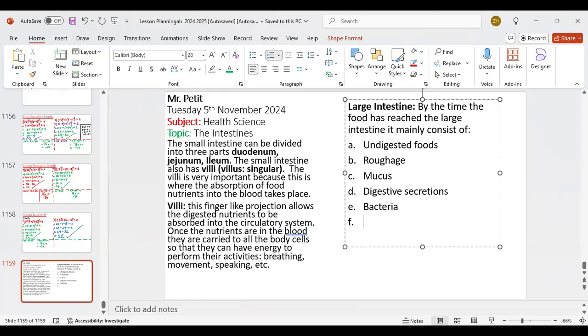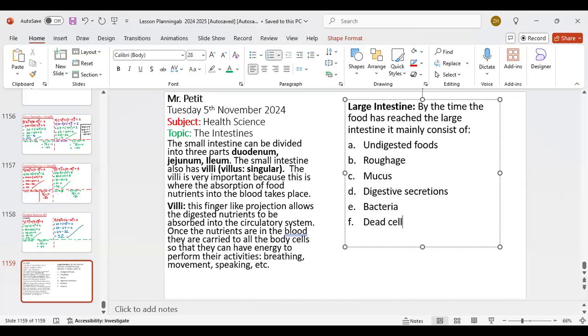By the time the food goes into the large intestine, undigested food, it's like only waste is in the large intestine. That's why without the large intestine, you cannot defecate. You need the large intestine. So undigested food, roughage, mucus, basically everything that goes in the toilet is what is going to be in the large intestine, right?